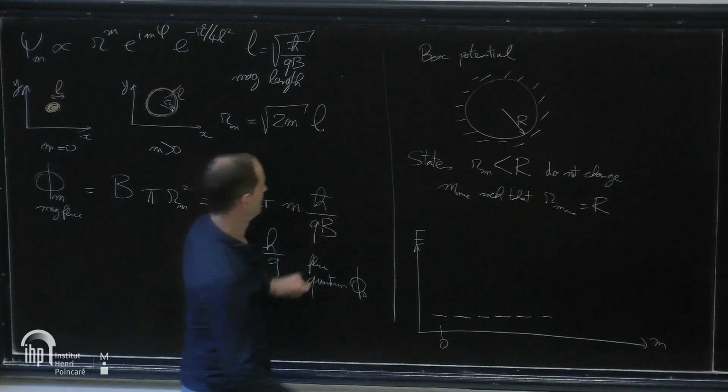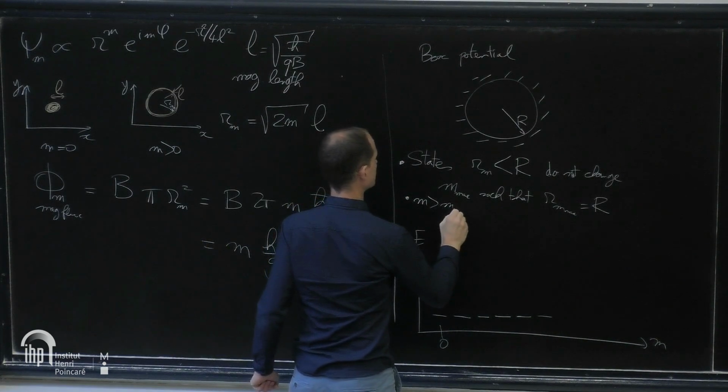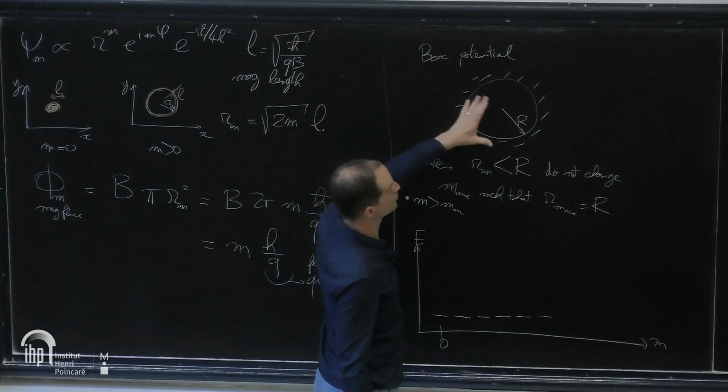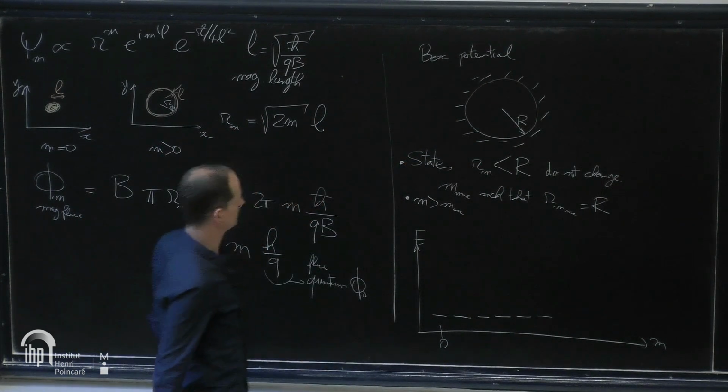And then if I consider a state with M higher than M max, I mean the wave function that we obtained earlier is located outside the box, so it's not possible.